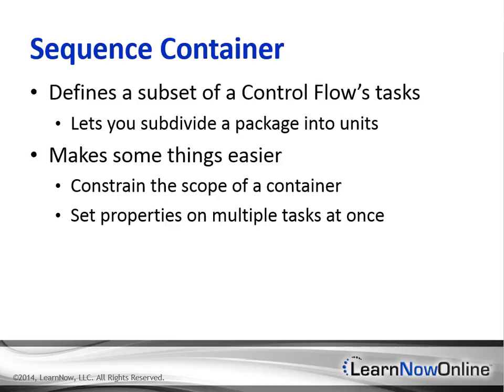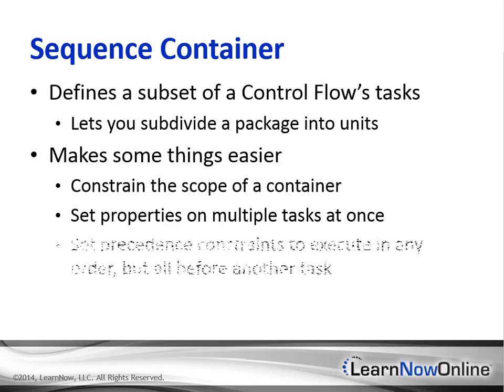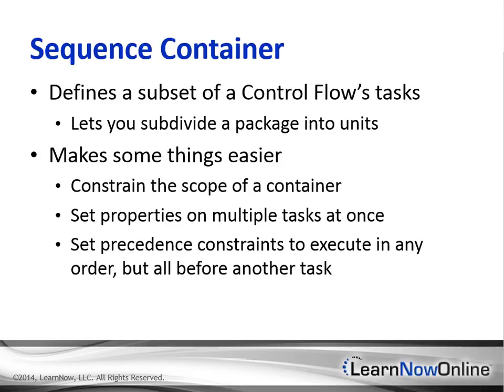You can still set the individual properties on a task, but this is a great way to at least get a starting configuration for a group of tasks. And then you can also set precedence constraints that require a number of tasks to execute in any order.